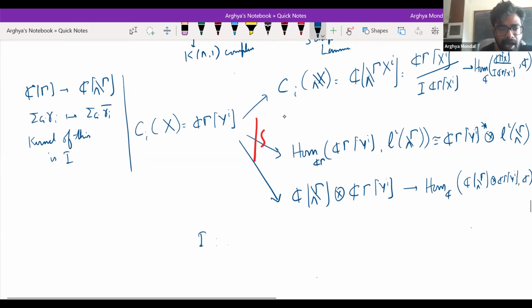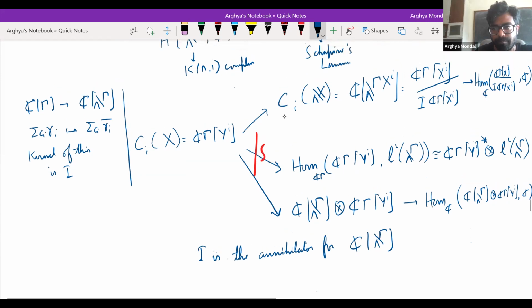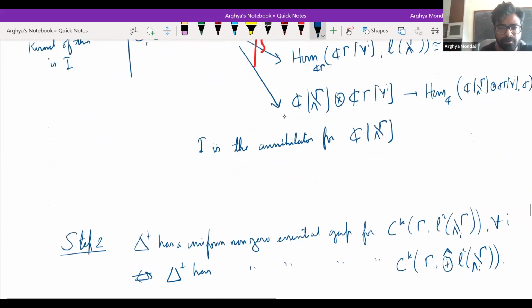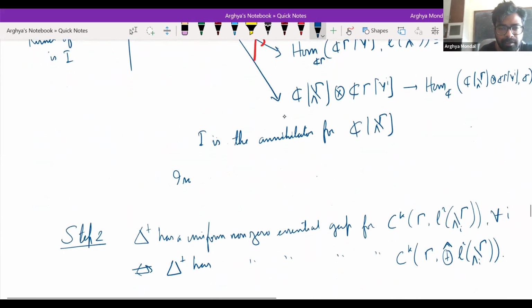And that is true because I is the annihilator of an element in C gamma. So using that, you can show that the first two functors are naturally isomorphic, and then the isometry follows since you can keep track of all these maps, since orthonormal basis goes to orthonormal basis.